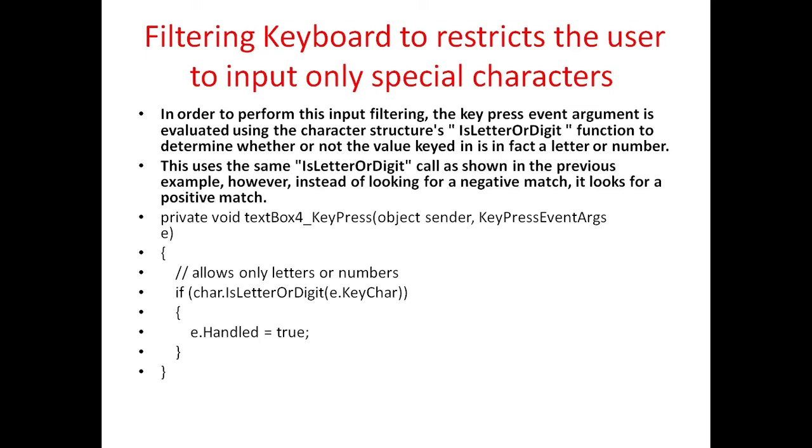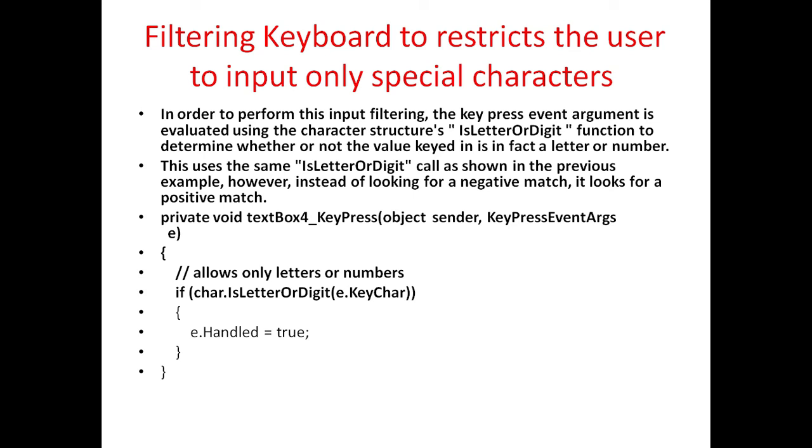This uses the same isLetterOrDigit function which is called as shown in the previous example. However, instead of looking for a negative match, it looks for a positive match. Here is the key press event which allows only special characters for the particular text box.